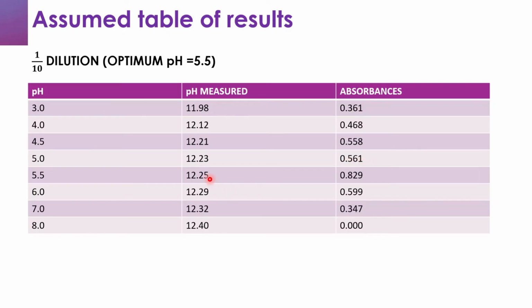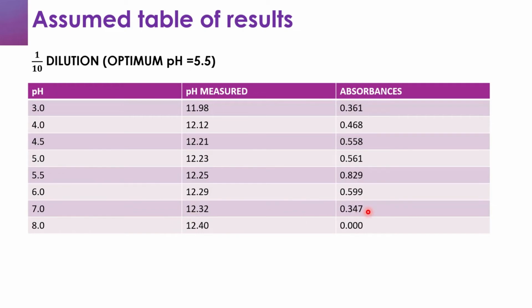At pH 5.5, we had this as our measured pH value and the measured absorbance value. At pH of 6, we had the measured pH value to be 12.29 and that of the absorbance to be this. And also at pH 7.0, we had the measured pH value to be this and the absorbance value to be this.